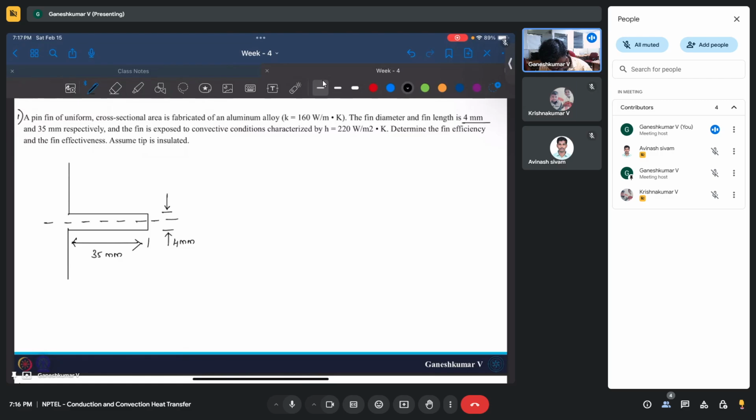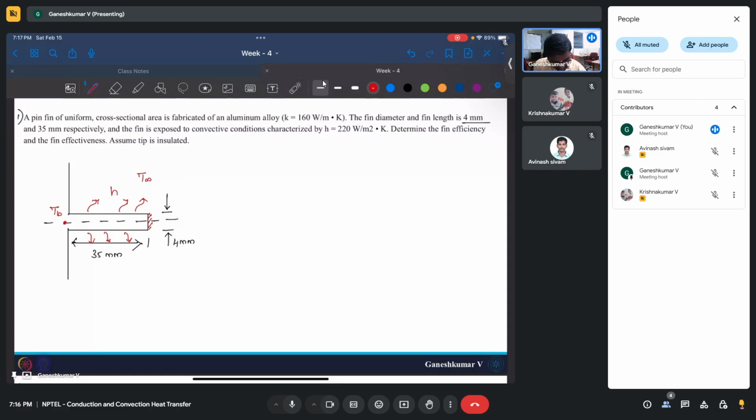Now the thermal conductivity, this is an aluminum alloy. At this point the temperature is the base temperature, and then you have convective heat transfer everywhere, and we are assuming the fin tip to be insulated, or there is not much heat loss from the fin tip.